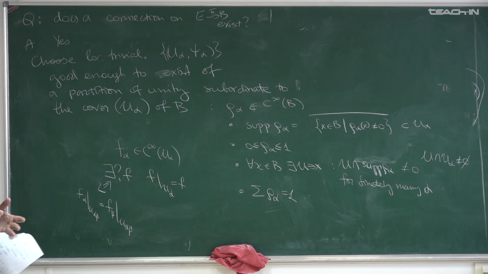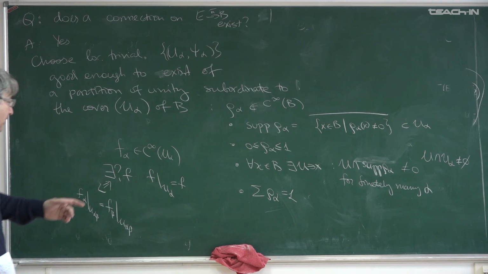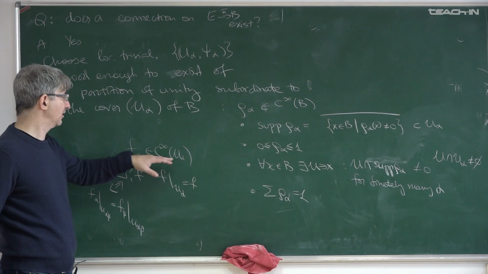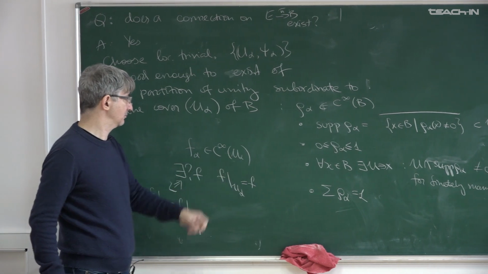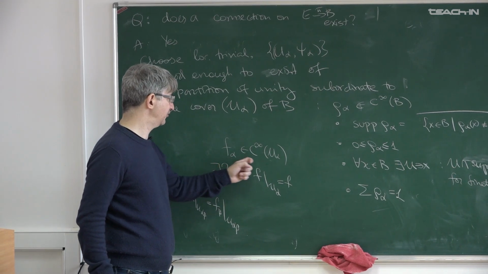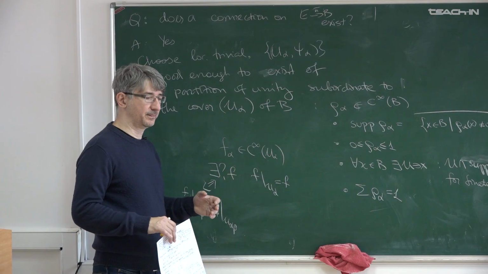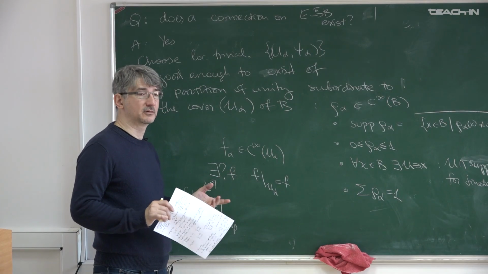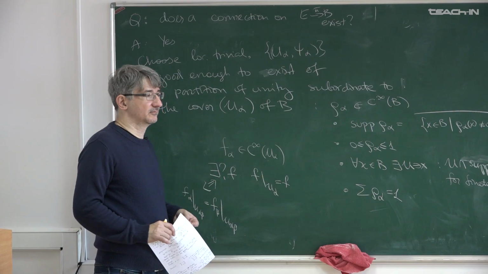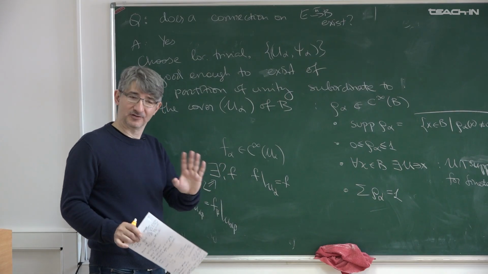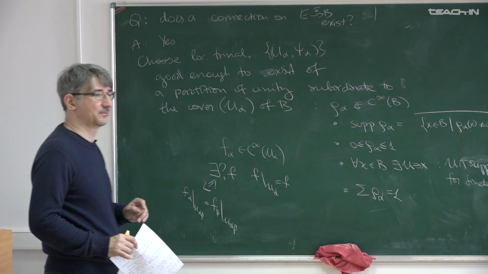On intersections, yes. But assume it's not. So assume you have a collection of functions where each function sits inside its own u alpha. Is it possible to define a global object? Something global. It's possible.